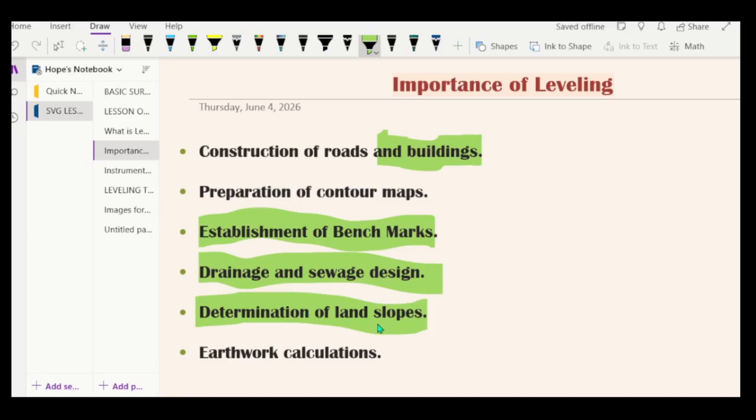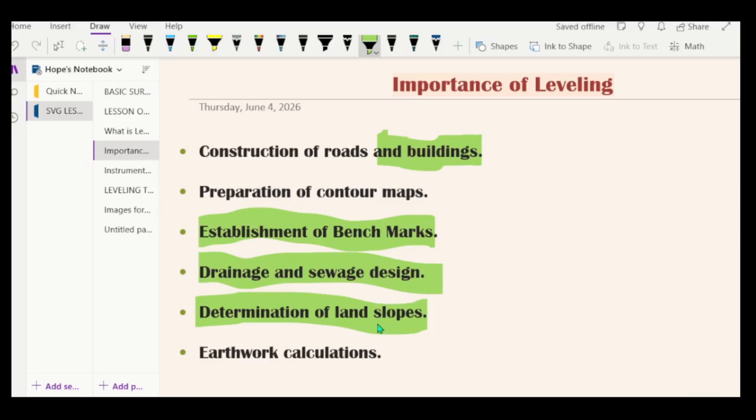That's another one there. It helps you know when the land is sloppy. Sometimes a place can be sloppy, but your eyes cannot just see it. But when you carry out this leveling process, you can actually know that that particular site is sloppy.